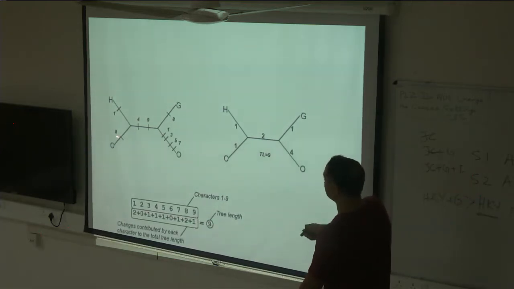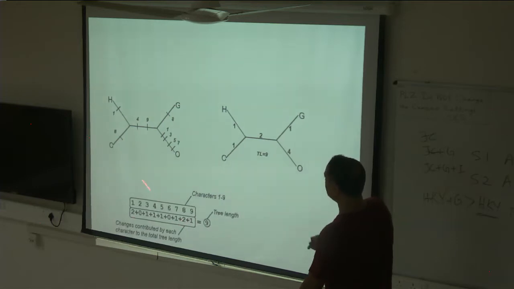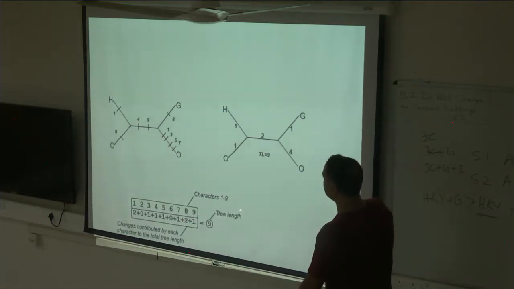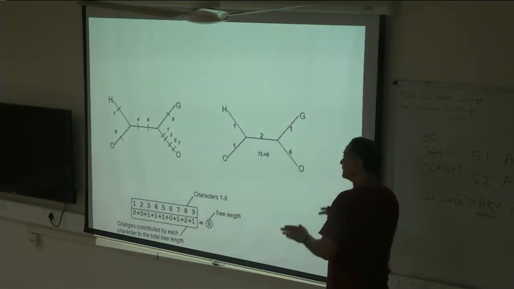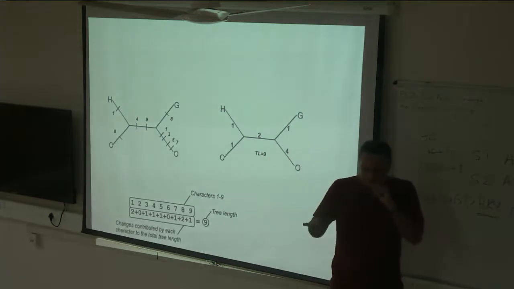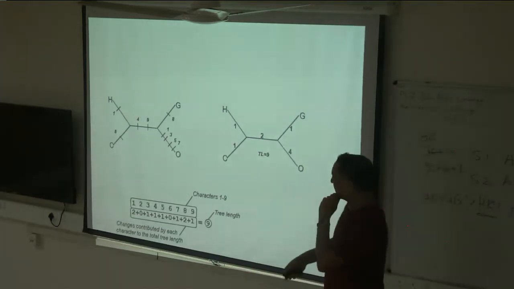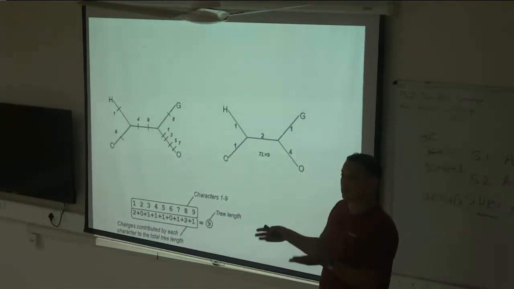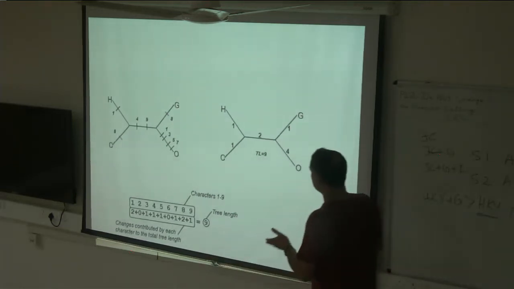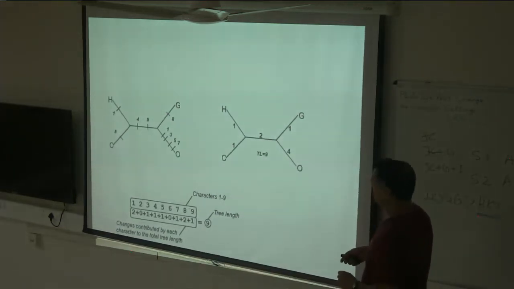So that's 9. You can count it on the tree or over here. So it's 1, 2, 3, 4, 5, 6, 7, 8, 9. 9 changes. So this tree needs 9 changes to explain the differences that you observe between sequences. Okay?